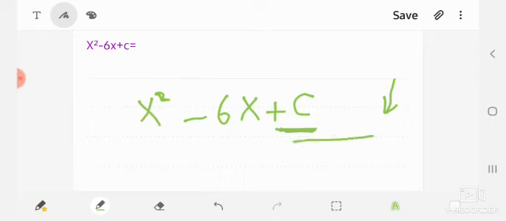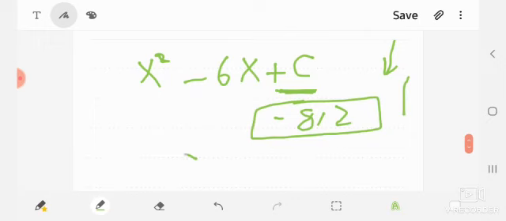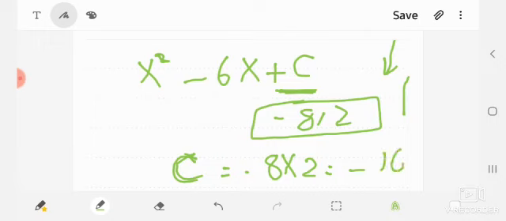Which pair shall we use to get minus 6? It is minus 8 and 2. Then c equals minus 8 times 2, which is minus 16.